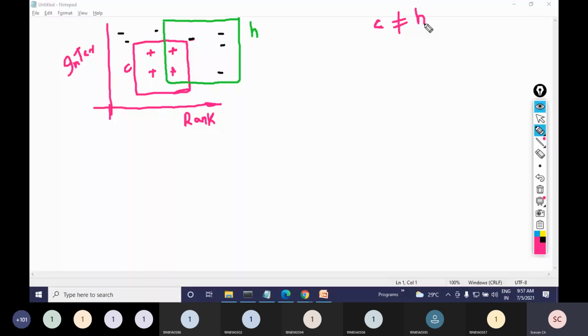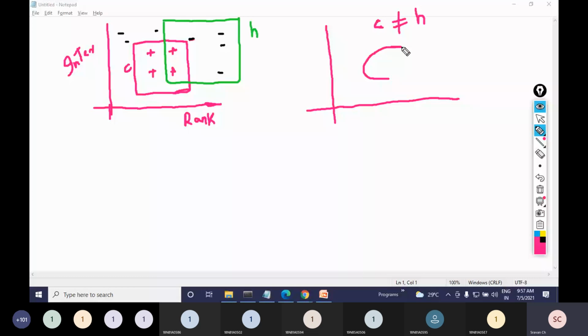Now I'll try to represent the same concept with a simple diagram. Same thing, I'm just redrawing it.